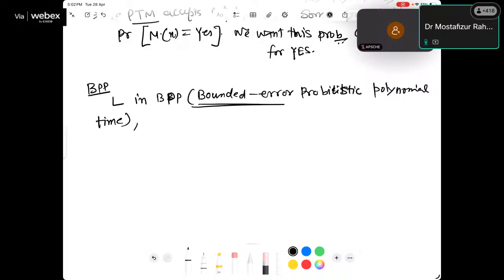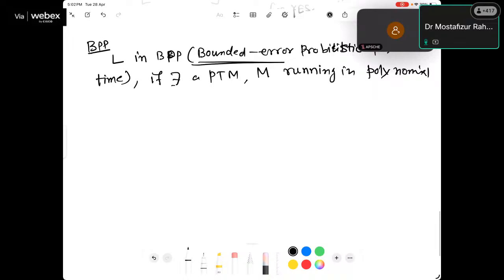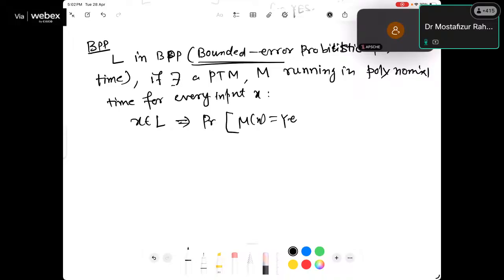We say a particular language is in BPP if there exists a PTM, a probabilistic Turing machine M, running in polynomial time, such that for every input x belonging to the language L, the probability that M of x equals yes has to be more than 2/3.